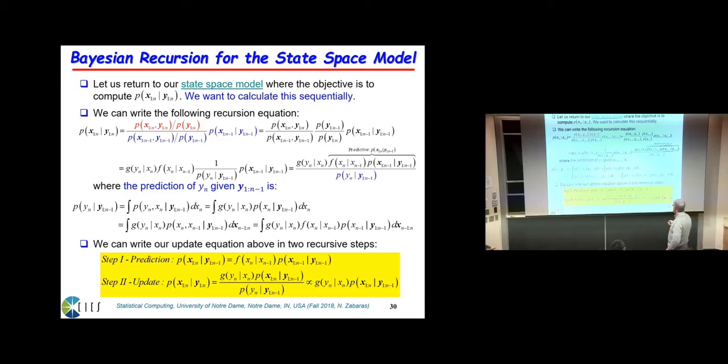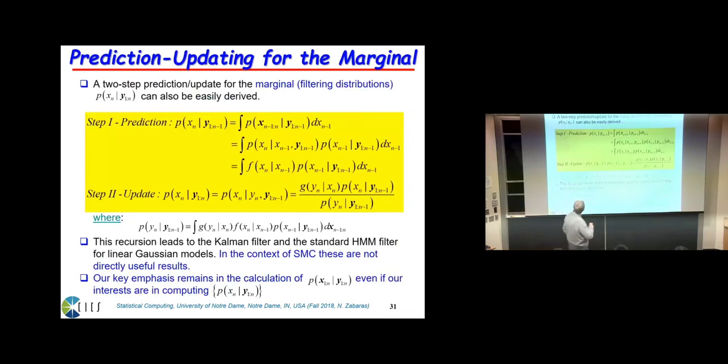I mean, I will show you with Monte Carlo methods actually that the next slide is not really very helpful, because if you know this distribution in terms of samples, the marginal of xn is directly there. You don't have to do any calculations. But let me just summarize the equations. The only thing you care about is this distribution, all right? So you don't really care about all of the x's, but only want to update the state at that time.